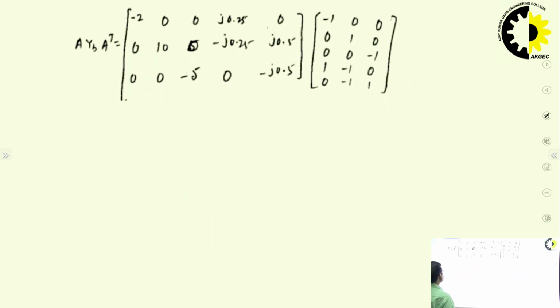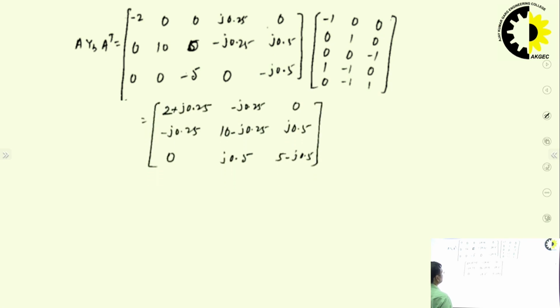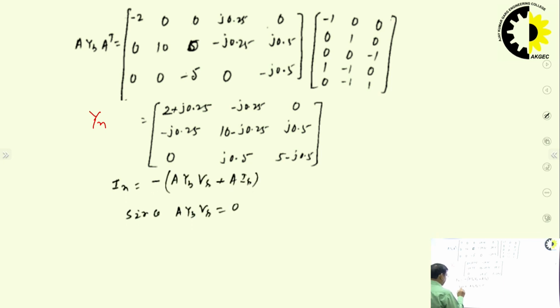So multiply by A transpose. This is your YN, and this is your IN. IN means node currents. So this is minus A YB Vs plus A Is. There is no voltage source present in the network, so this is 0.